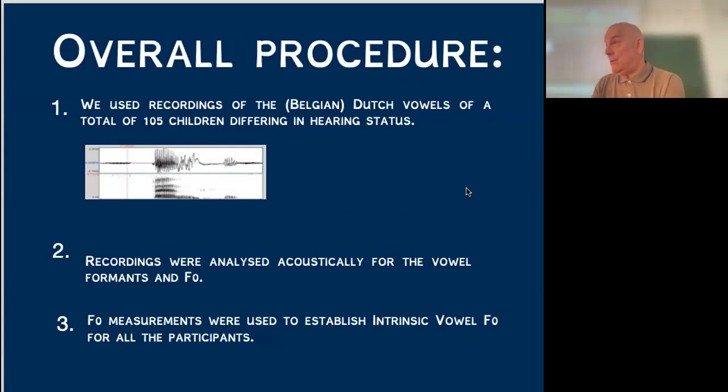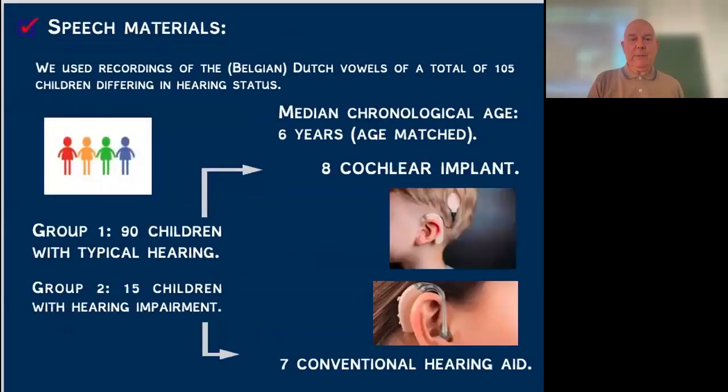Those recordings were analyzed acoustically, of course, and F0 was measured in order to establish intrinsic vowel fundamental frequency. So, 105 children. There was a large group of children with typical hearing, 90 of them. Their mean chronological age was 6 years, so already well advanced in their speech development.